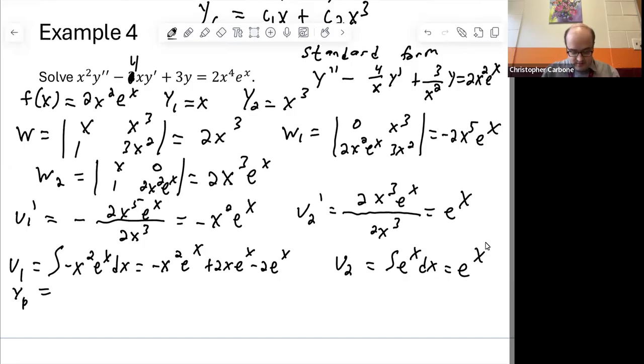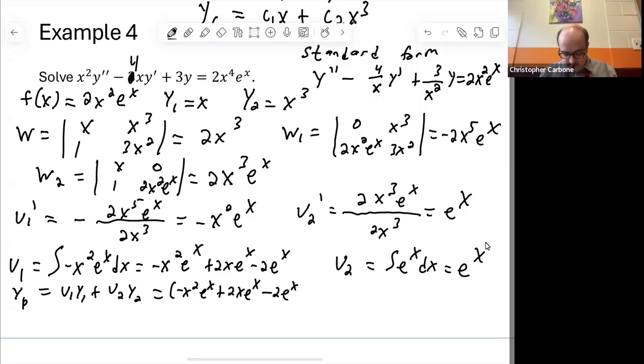So our particular solution for this is going to be u sub 1 times y sub 1 plus u sub 2 times y sub 2. So in our case, this is going to make this one negative x squared e to the x plus 2x e to the x minus 2e to the x, that times y sub 1, which was x, plus we would have e to the x times x cubed.